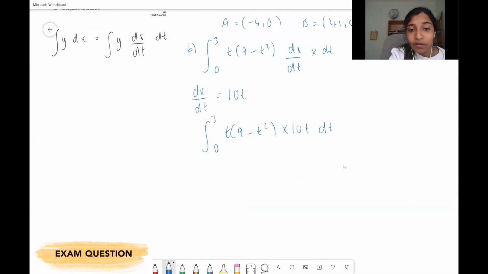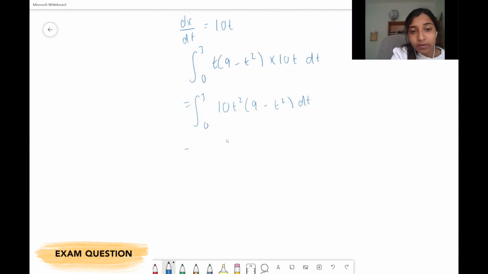We can simplify: first, 10t times t gives 10t squared, times 9 minus t squared dt.